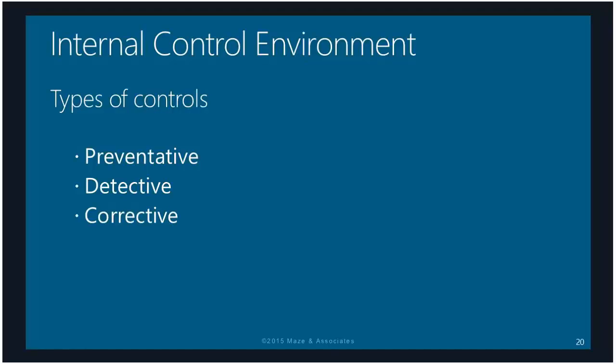So this is where the error or the fraud has already occurred, and if it's an error, it might just be an error in a journal entry, and so there should be a control in place to correct that journal entry and fix any miscoding. But if there is fraudulent activity that occurs, then there also needs to be a formal process for that, whether it's termination or criminal prosecution.